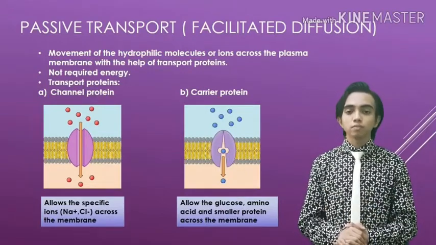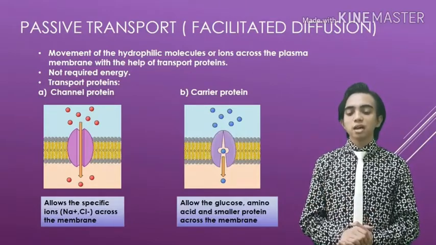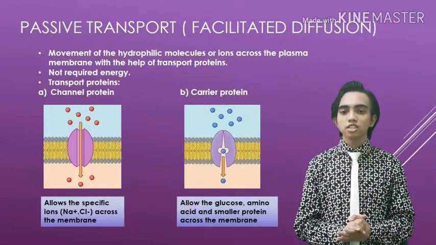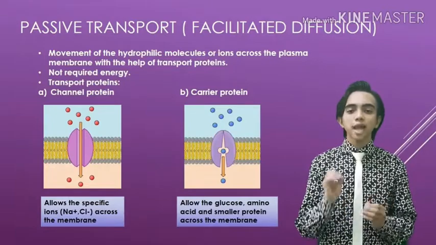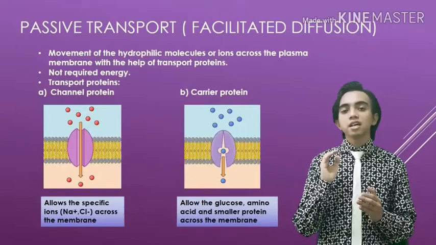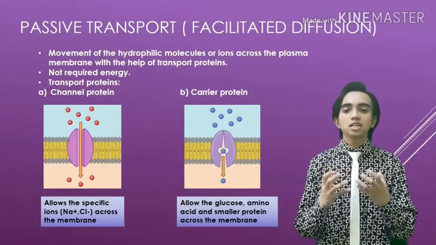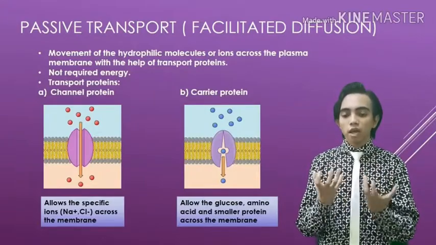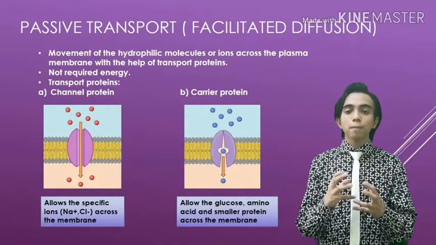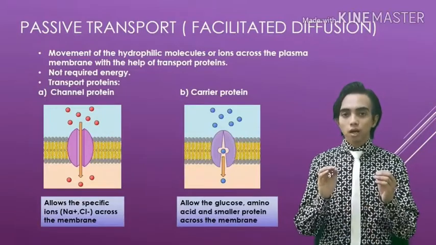plasma membrane. Now we look at the other transport protein, which is the carrier protein. This carrier protein helps a molecule to attach at its binding site, and then it will change the shape of the carrier protein to allow these molecules to be carried and move into the cell.